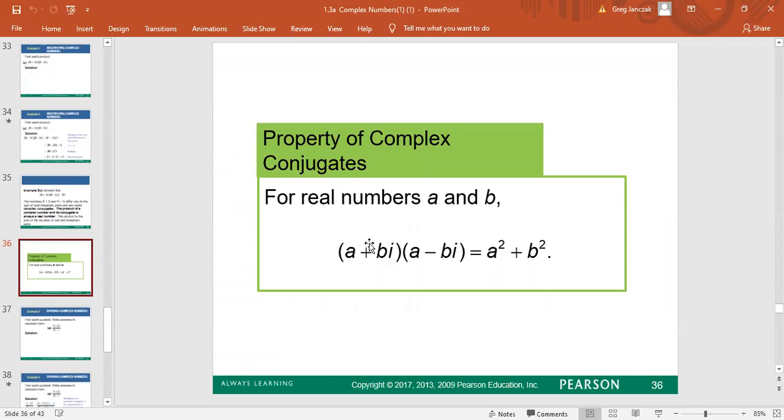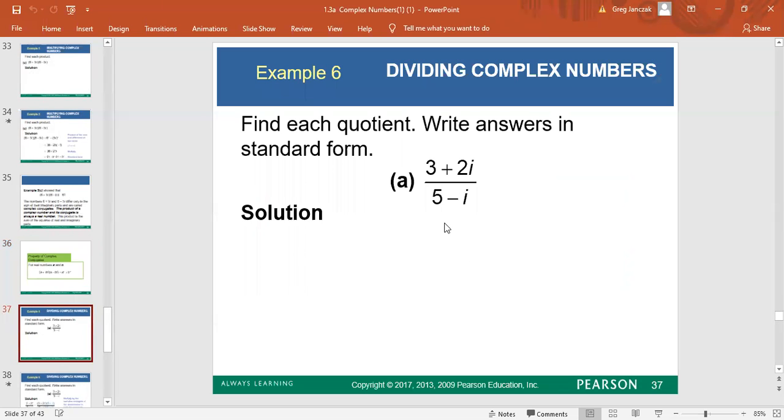So whenever you have complex conjugates together, they form, that should be a minus in between there. Should be a squared minus b squared. Well, depending on, but anyways.